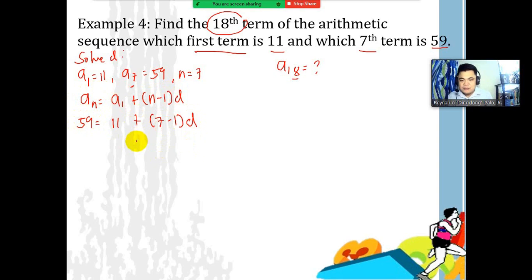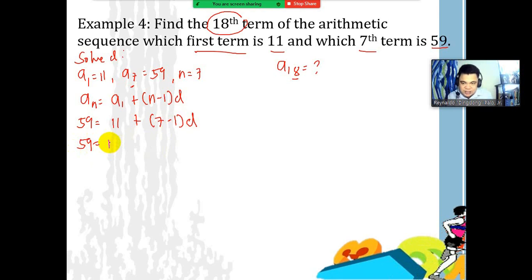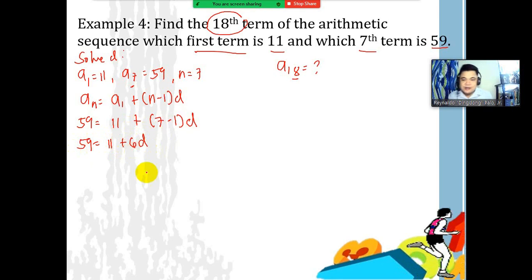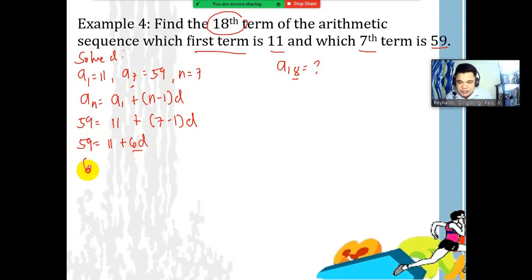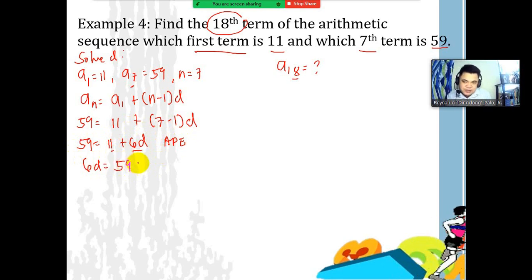Then we will simplify this. So 7 minus 1 is 6. So 59 equals 11 plus 6d. Then we will isolate 6d by getting the opposite of 11, which we call the addition property of equality. Bring down 59.